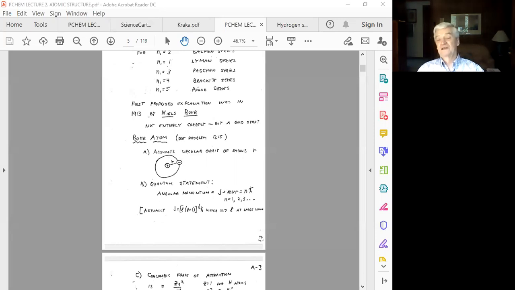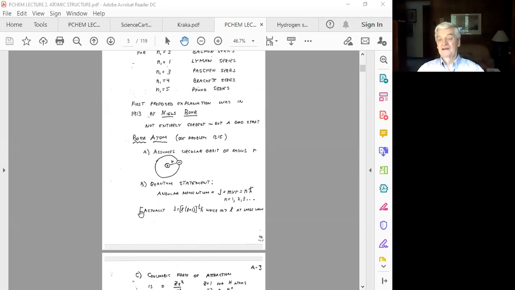We've already seen that angular momentum is linear momentum, mass times velocity, times r. And Bohr said it's equal to n h bar. Now notice this is exactly correct for what we wrote for J sub z before, but it's not correct for total angular momentum.